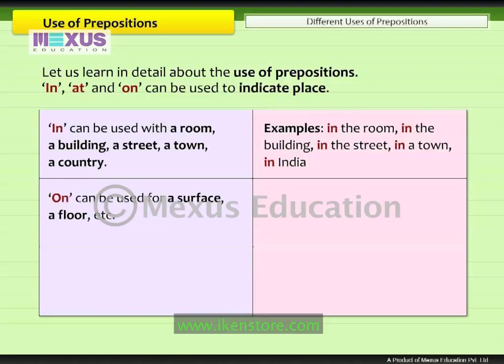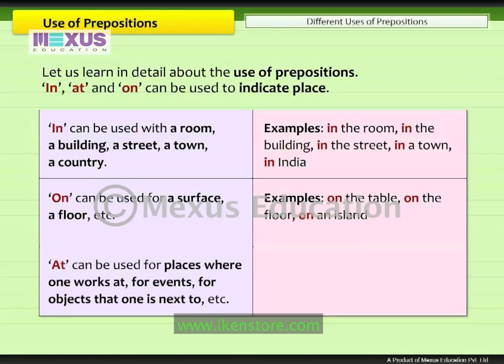On can be used for a surface, a floor, etc. For example, on the table, on the floor, on an island. At can be used for places where one works at, for events, for objects that one is next to, etc. For example, at the office, at school, at the table, at the signal.